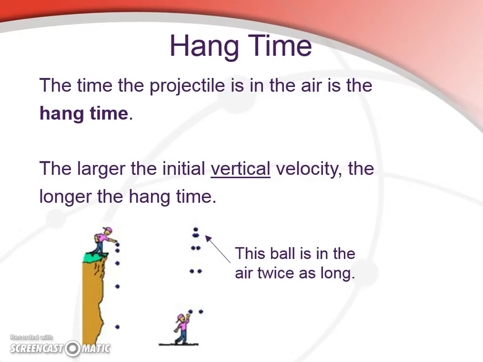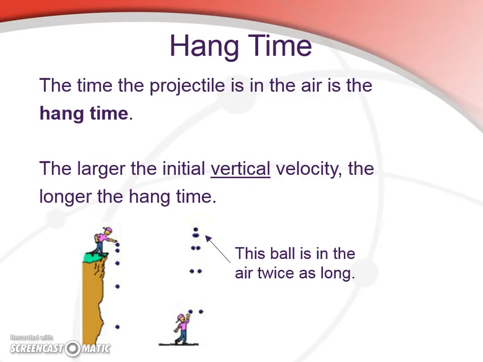That's worth examining again. We have a very, very simple way to describe the movement in the x direction. Now, the duration of the experiment actually has its own term. It's called the hang time, the amount of time the projectile is in the air. If we're firing something into the air, the higher the initial vertical velocity, the longer the hang time will be.